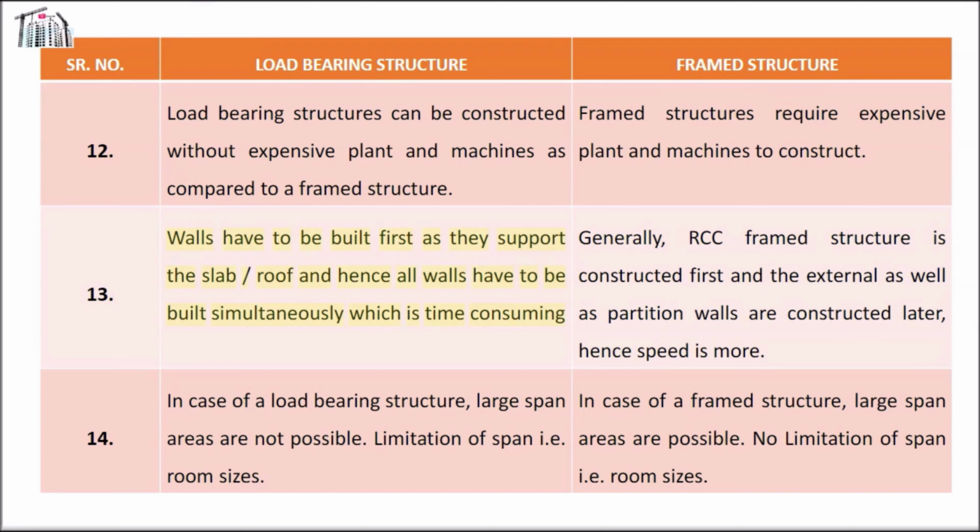Walls have to be built first as they support the slab roof, and hence all walls have to be built simultaneously, which is time-consuming. Generally RC framed structures are constructed first and the external as well as partition walls are constructed later, hence speed is more.